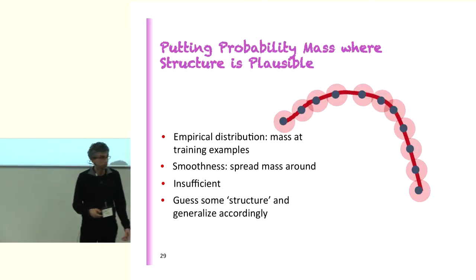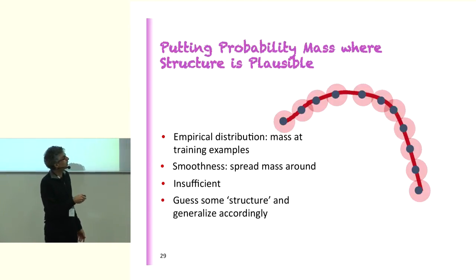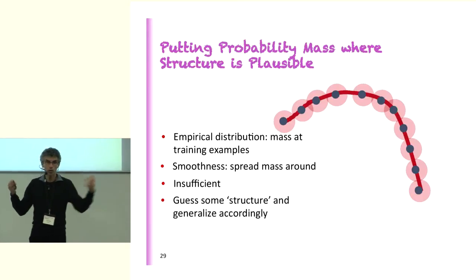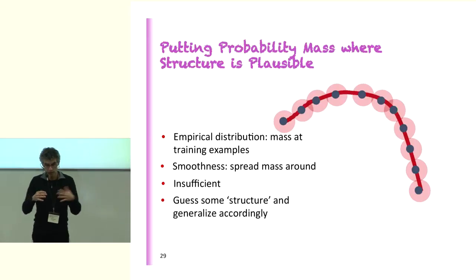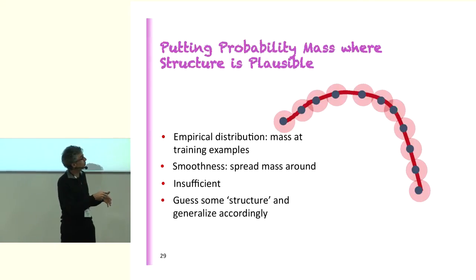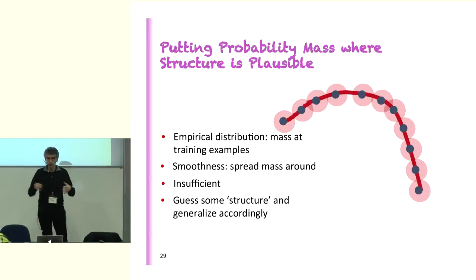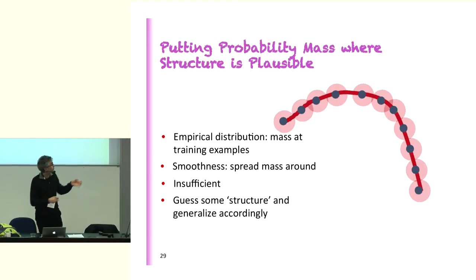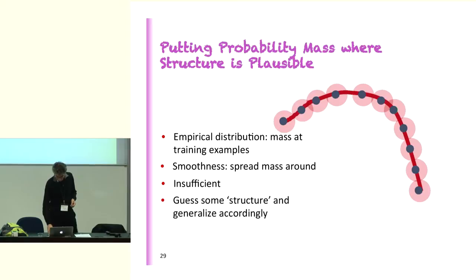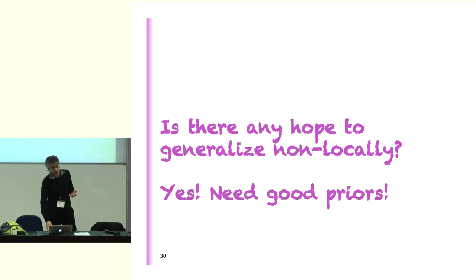We need to discover that there is some structure, that, oh, these points actually together, there's a simple equation or a simple statistical structure that allows me to interpolate or to extrapolate between them. And in 2D, it doesn't look impressive, but if we're in a very high dimensional space, this is a very special place here that I've chosen to put probability mass on. Okay, so there is some hope to generalize non-locally, so beyond the neighborhood of your examples, beyond what traditional non-parametric statistics gives us, but it's going to require some other priors besides smoothness.